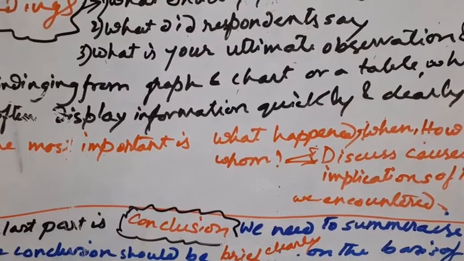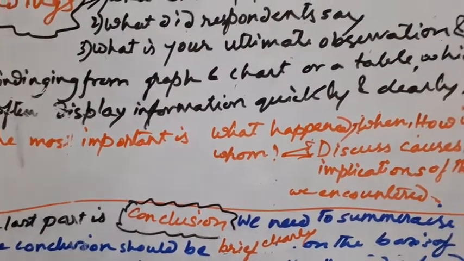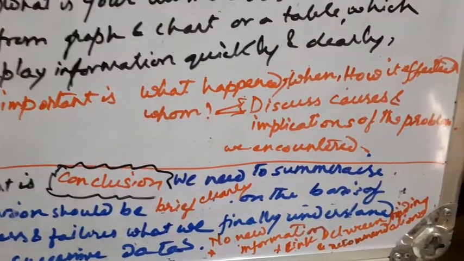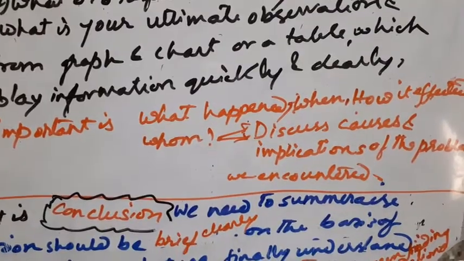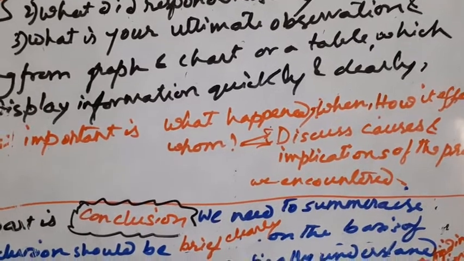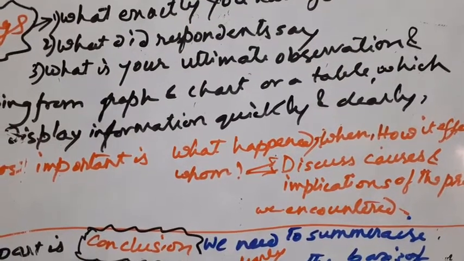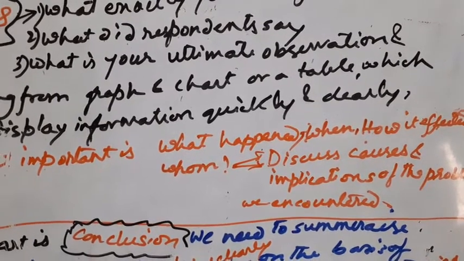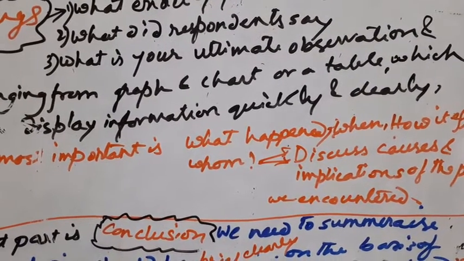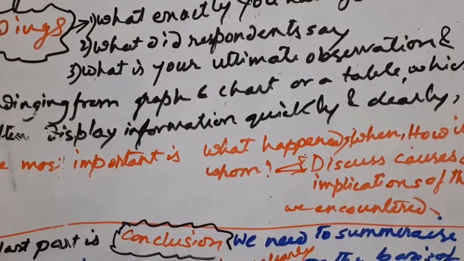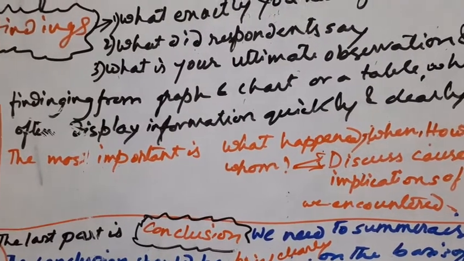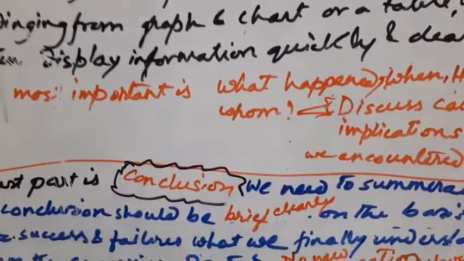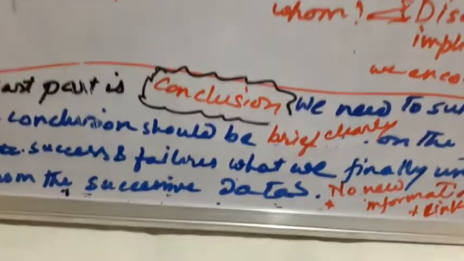So the most important is what happened, when it happened, how it has affected, and whom it has affected, right? So the cause and implications of the problem that you have encountered while gathering the data and while concluding the findings. Okay, here findings completes.